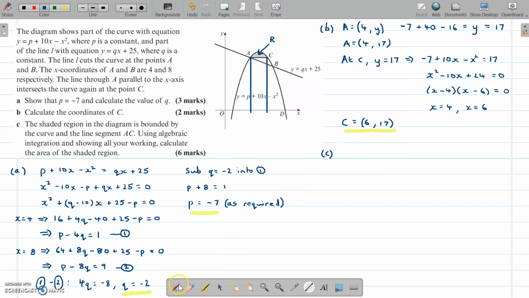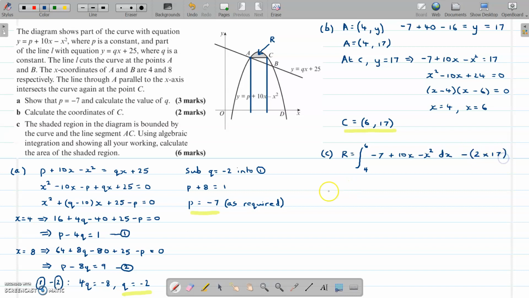So I'm going to say that the region required is equal to the integral between 6 and 4 of -7 plus 10x minus x squared with respect to x, minus the area of the rectangle, which I'm just going to write as 2 times 17 here.